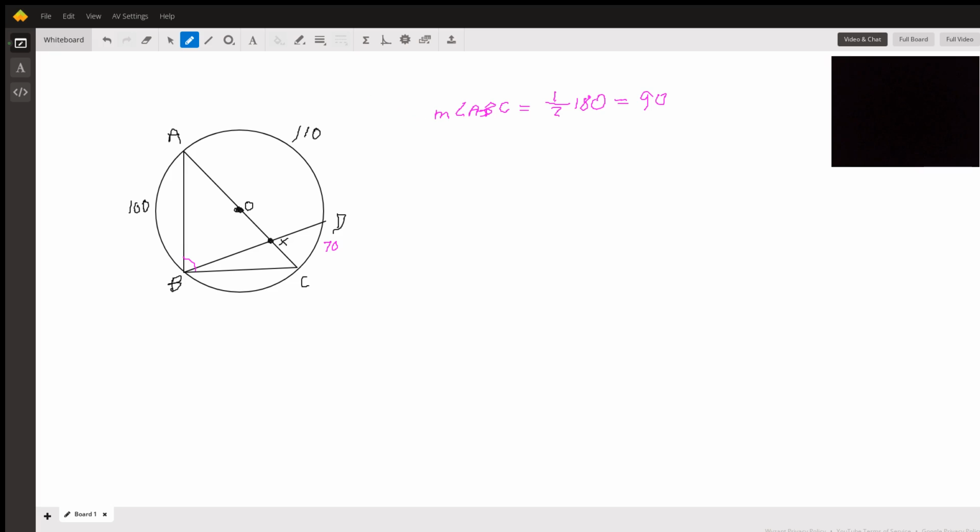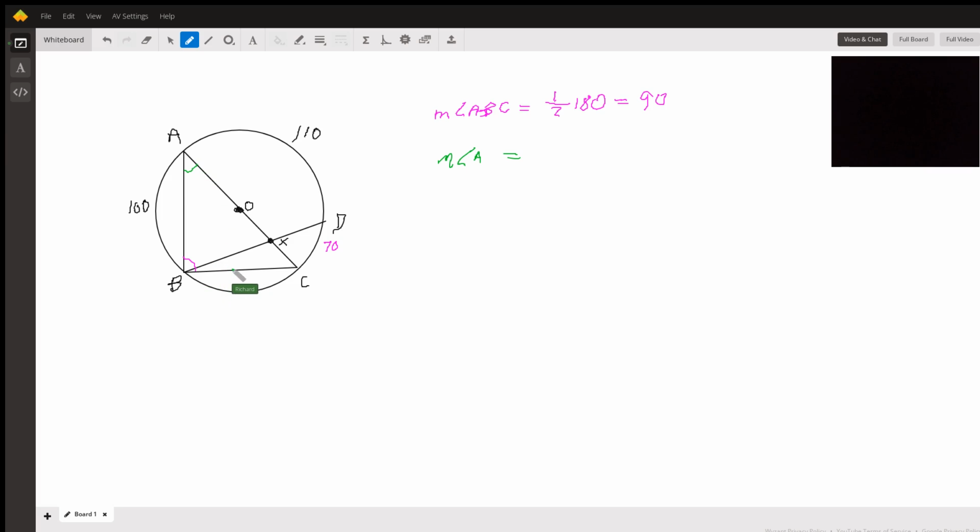Now the next part we'll do in another color. The next part is they want the measure of angle A. Well, it's the same process here. You can see angle A is inscribed in this arc BC. So the measure of angle A is going to be half the measure of arc BC.